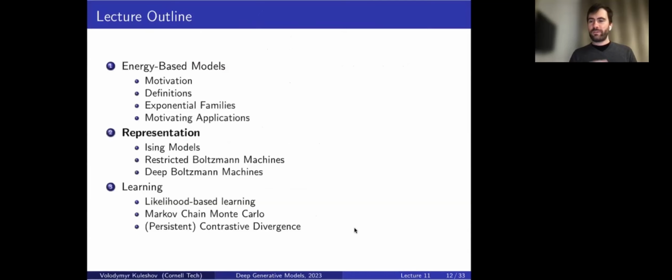Okay, so we have defined what an unnormalized energy-based model is. Let me know if you have any questions so far. And otherwise, I'm going to give you a few examples of classical energy-based models. These are actually models that have been really important in deep learning and in computer vision for some time.